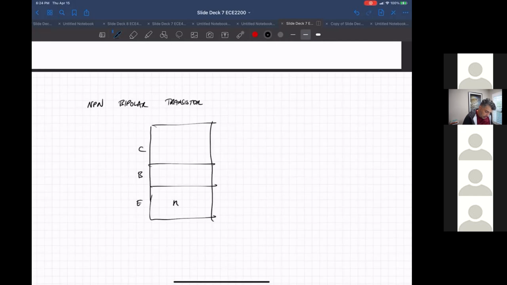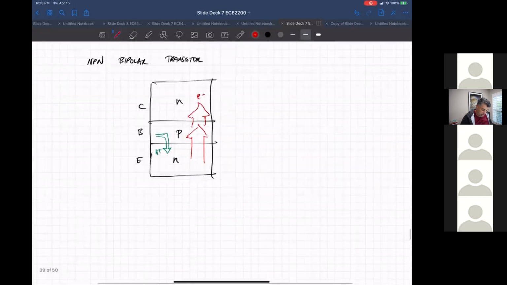This is an N type, this is a P type, this is an N type. Electrons go from the emitter to the base to the collector, and some holes come from the base to the emitter. So these are the holes, these are electrons. This is called the NPN bipolar transistor.